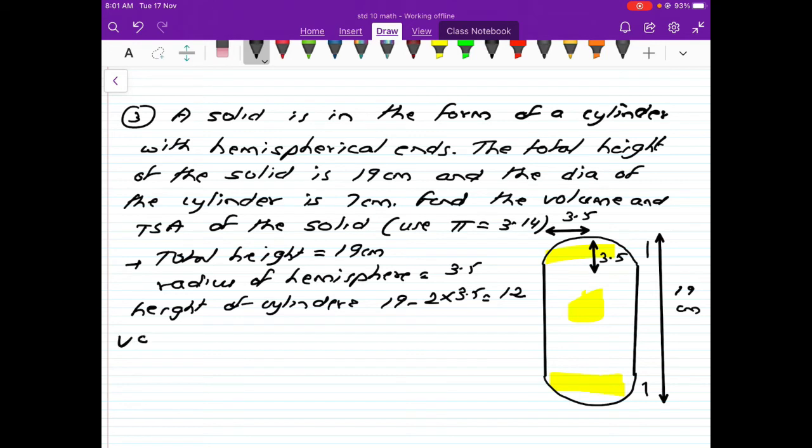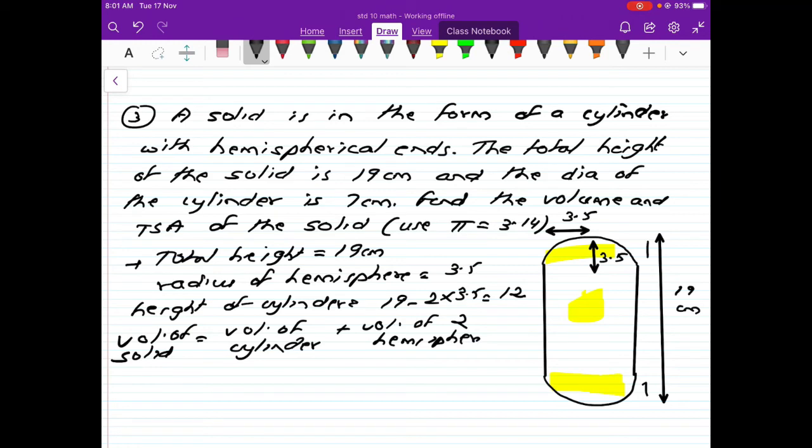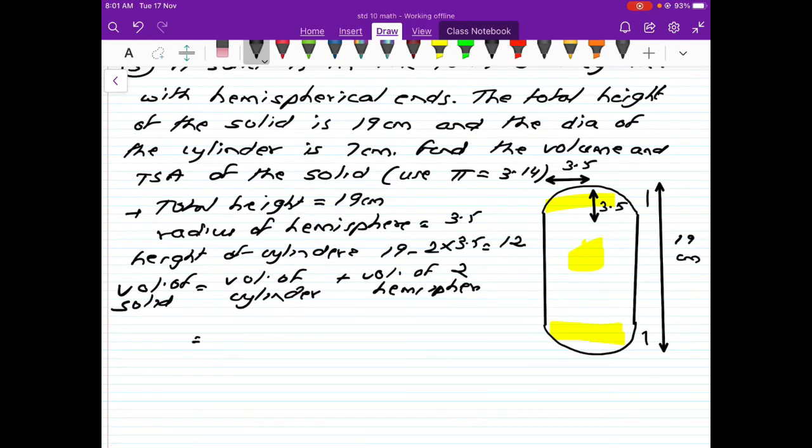So now we want the volume of the solid. Volume of the solid will be given as the volume of the cylinder plus the volume of the two hemispheres. Volume of the two hemispheres means volume of one sphere. So what is the volume of the cylinder? It is pi r square h, plus volume of two hemispheres means the volume of one sphere.